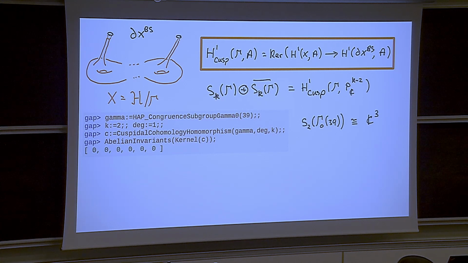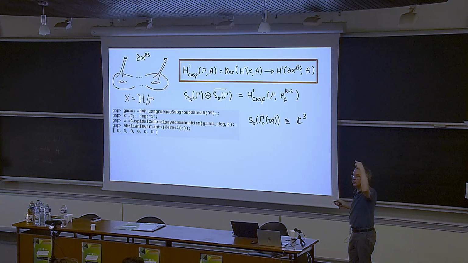Rather than give you a long slide of five or six commands, this is a command that sticks things together, and it calculates the cuspidal cohomology of a finite index subgroup in degree 1, the first cohomology, and k is the weight.